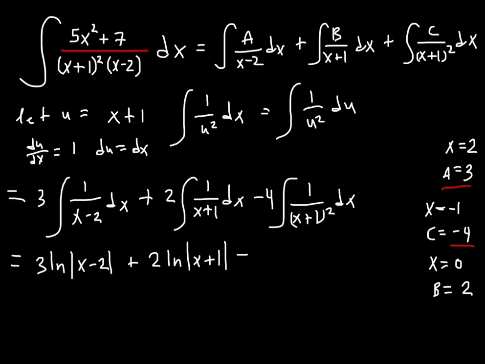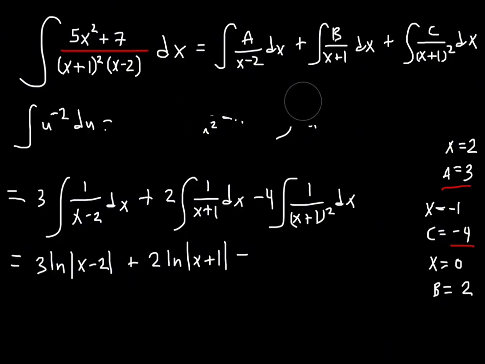Now I can integrate it. I'm going to integrate it using the inverse power law. So this is simply the integral of u to the power of negative 2 du. So I'm going to add the exponents. So u to the power of negative 2 plus 1 over negative 2 plus 1.